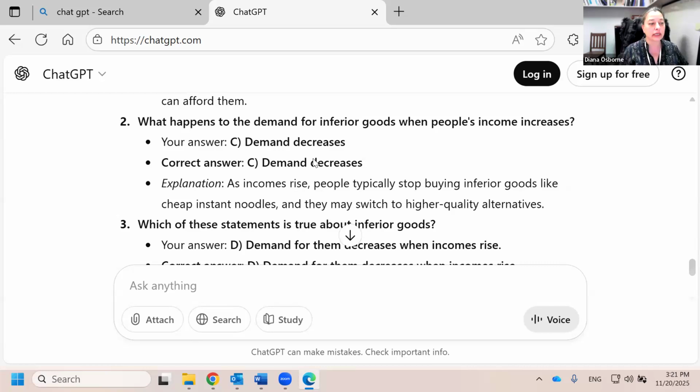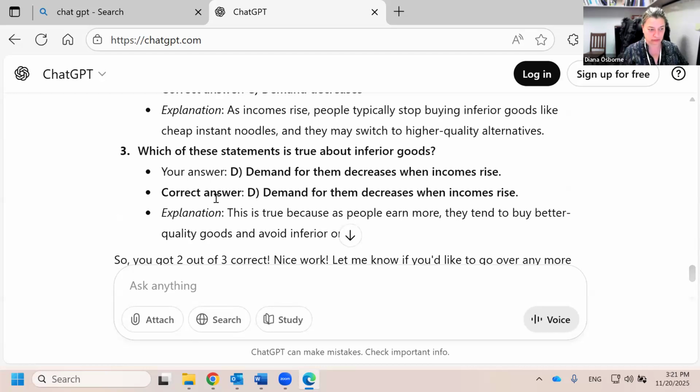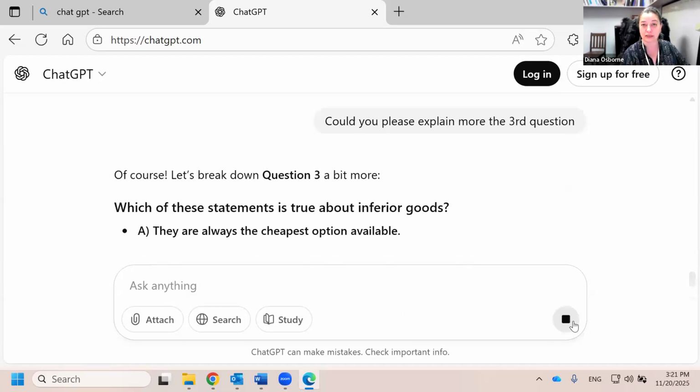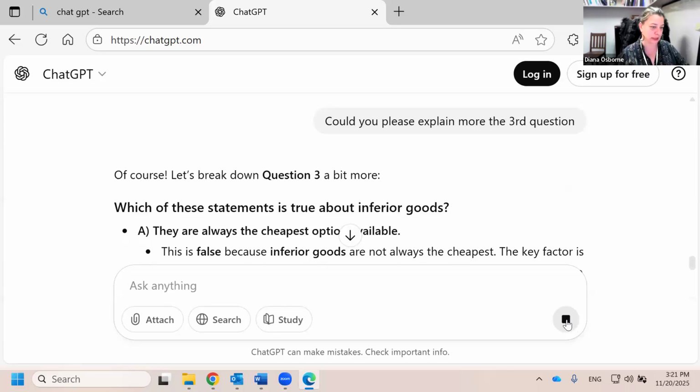Let's say that even the answer doesn't make sense. Would you please explain more? The third question. And I know that it probably sounds very funny, but I say please very often when I chat with ChatGPT.